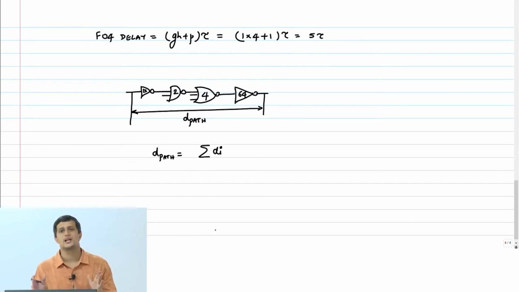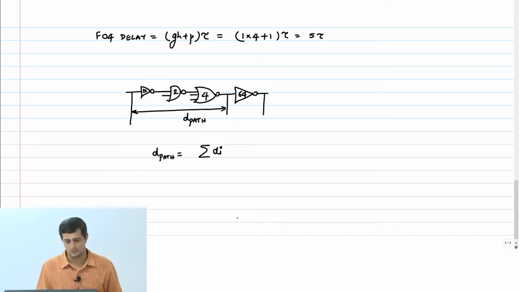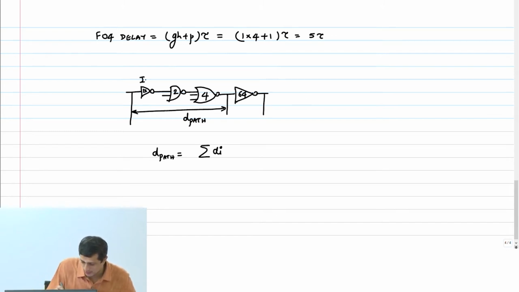There are 4 delays here that I have to calculate. I will not calculate up to the last one, I will calculate only up to here, because otherwise I need to know the load there. Only three gates I want to calculate. So this is I1, gate I2 and I3.